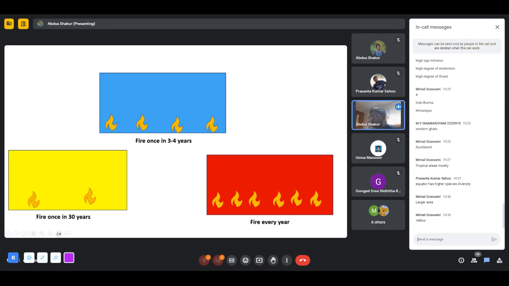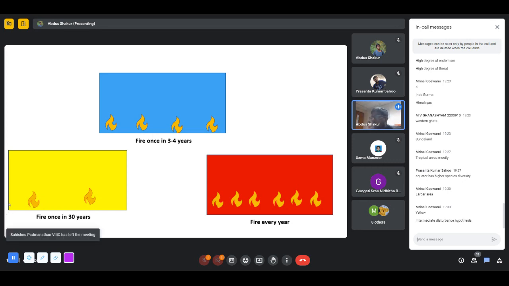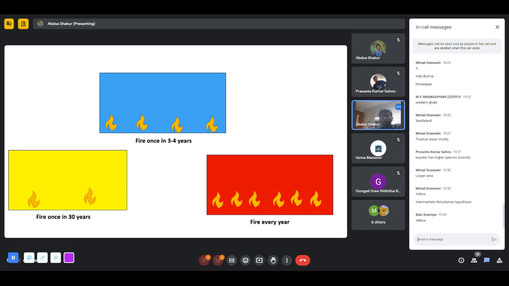So someone said yellow, intermediate disturbance hypothesis. Okay. Any other answers? Which one do you think has higher species richness? Yellow.